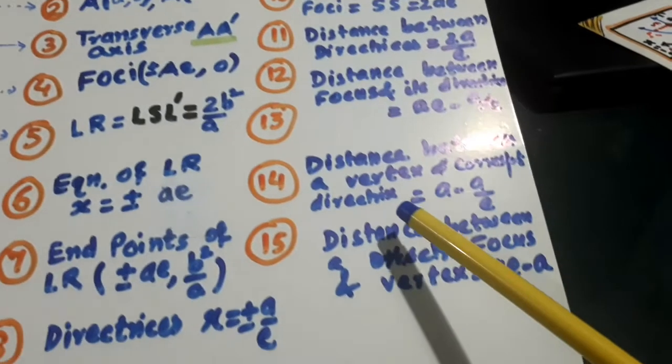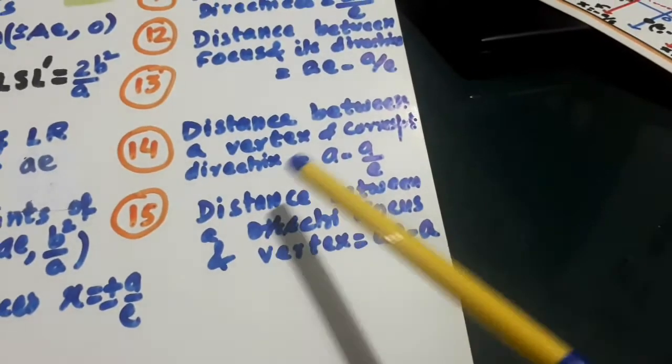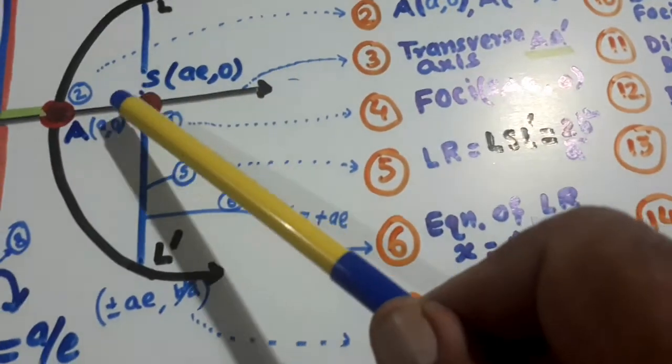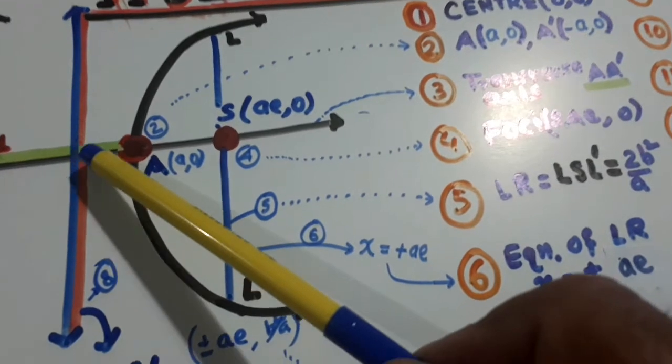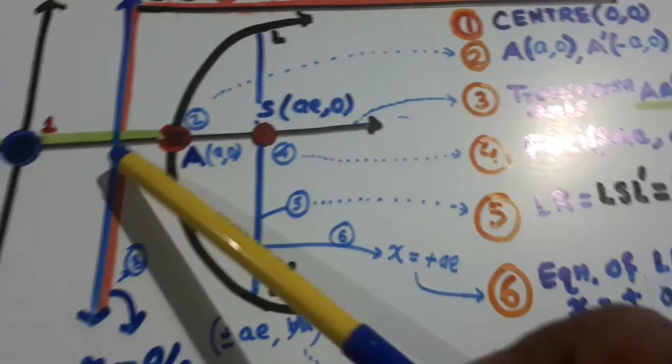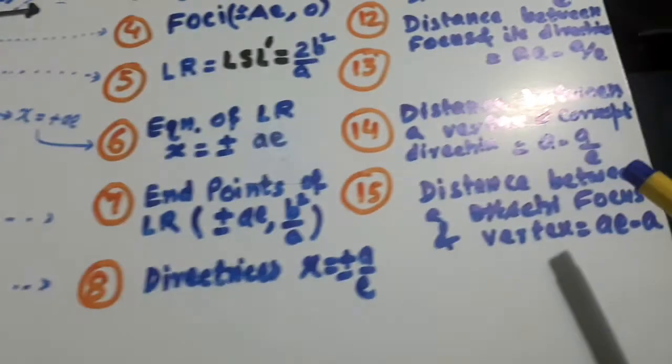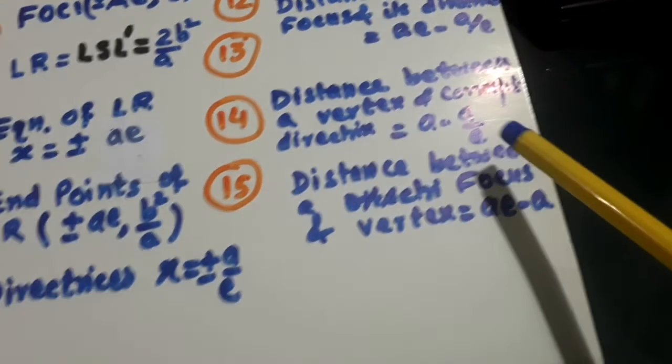Next, distance between a vertex and corresponding directrix. Vertex is (a, 0), corresponding directrix is x equals a over e. So a minus a over e.